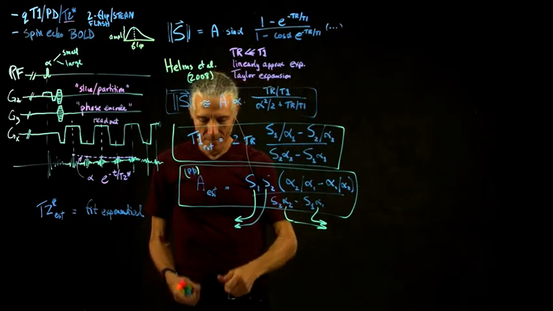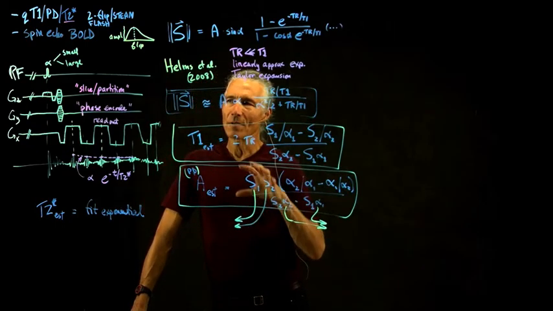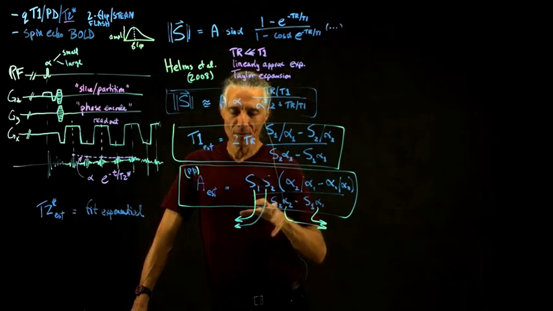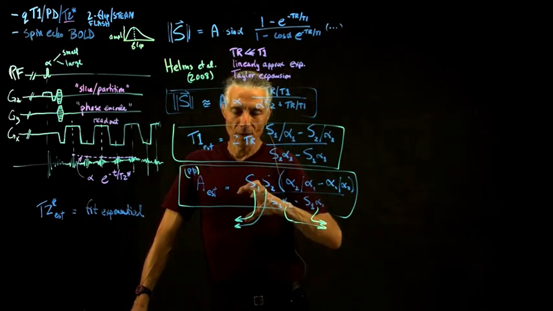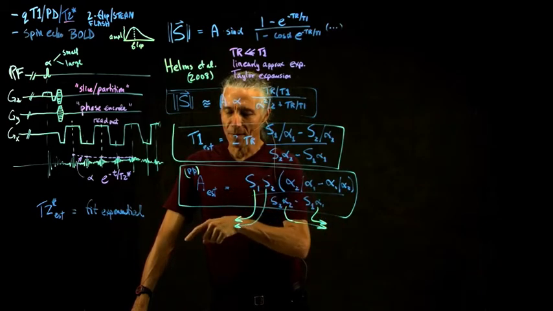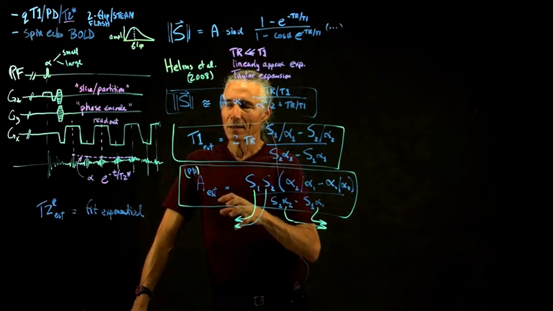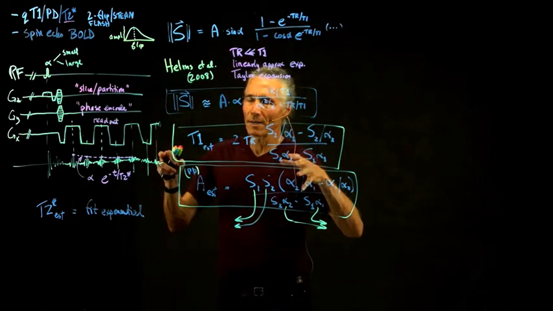That's separate from the question I mentioned last time, that you have different brightnesses in different parts of the image from the receive field of the coil. If a small coil has a tendency to pick up one part of the brain more than another, that changes the brightness. But what we're talking about here is the flip angle caused by the body coil.